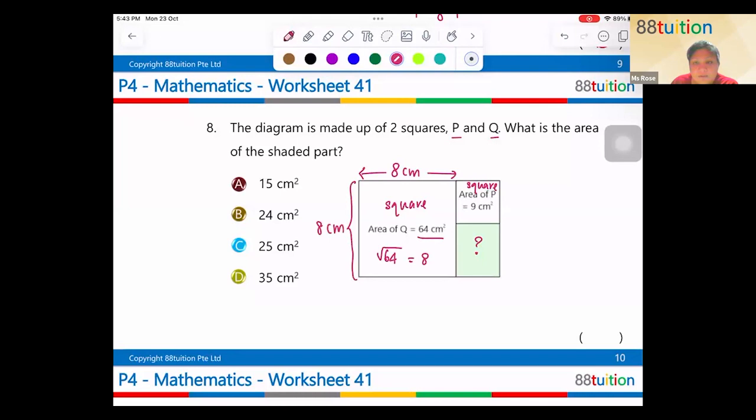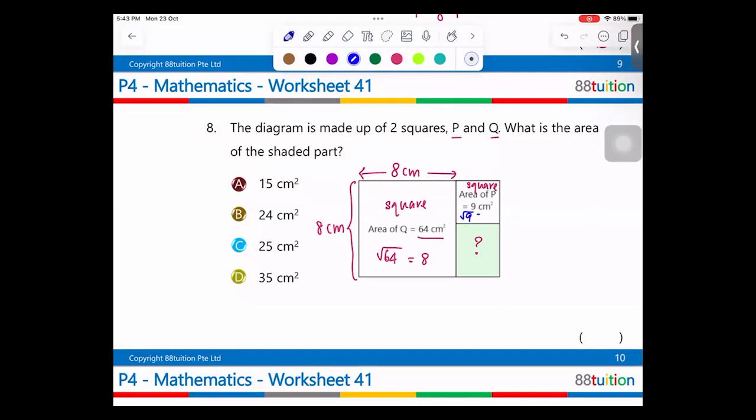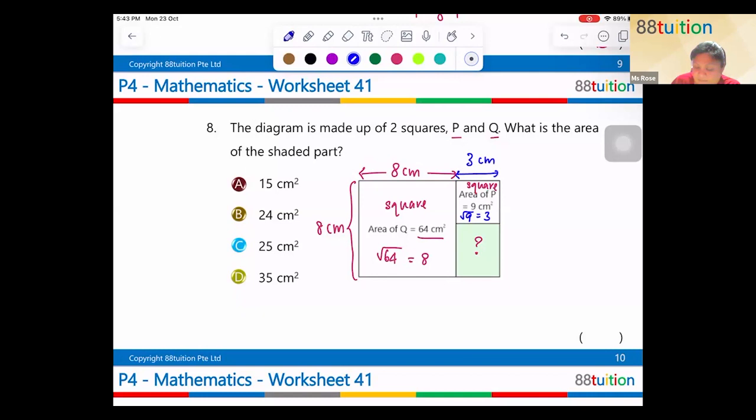Okay, now what about square P? What is the length? So it's the square root of 9 to give me 3. Very good, thank you. So that's 3 cm and this is 3 cm. So what does that mean? That means the unshaded part, the length is also 3 cm.